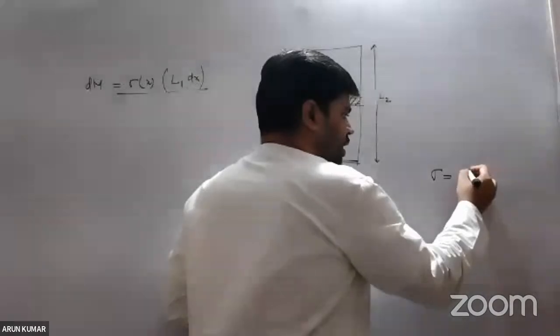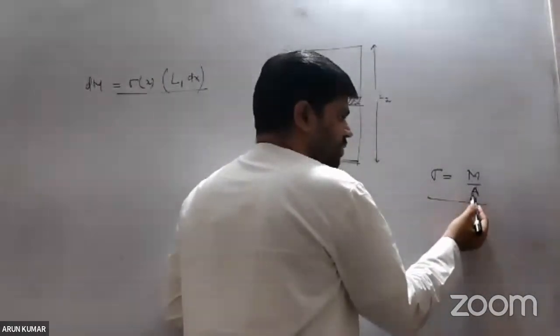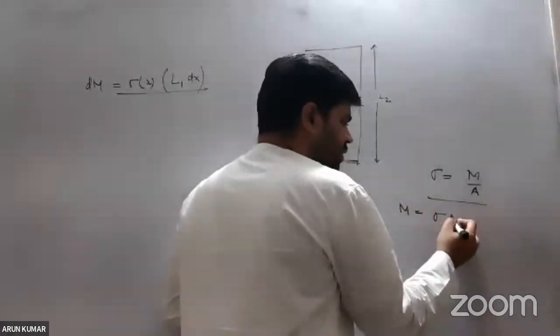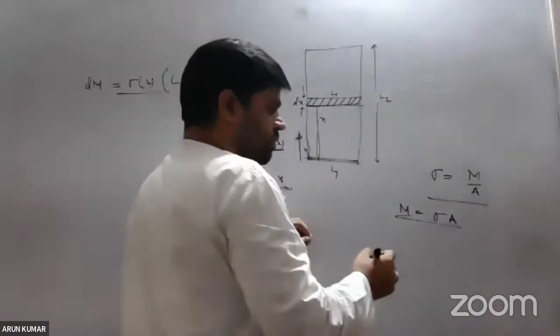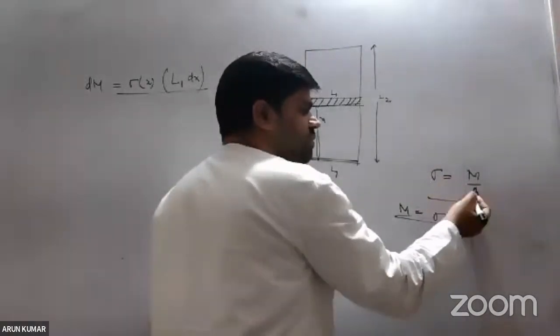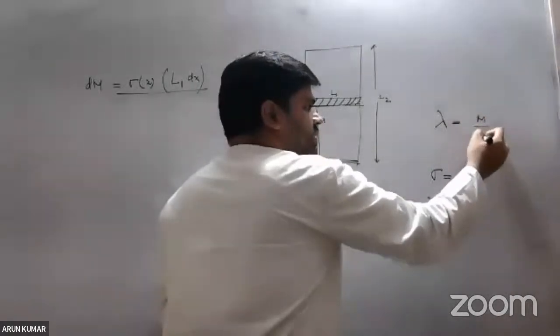Sigma is equal to m by a. Mass per unit area is sigma. So m is equal to sigma into a. Definition of sigma is mass per unit area. Definition of lambda is mass per unit length.